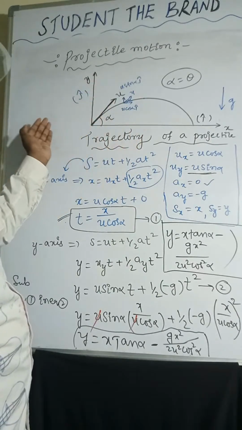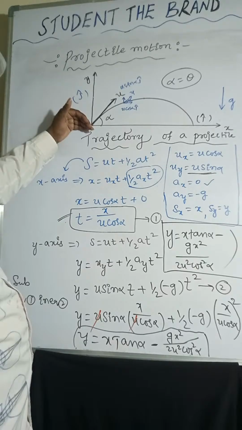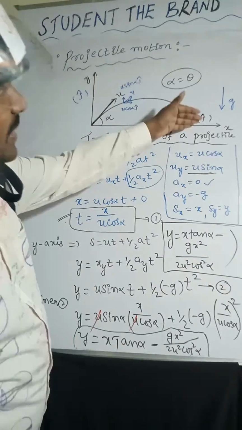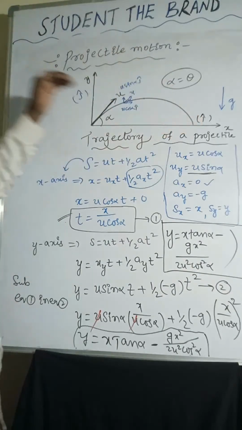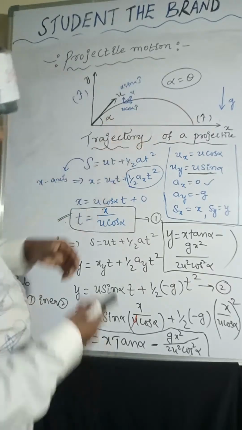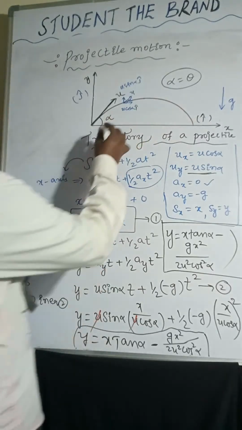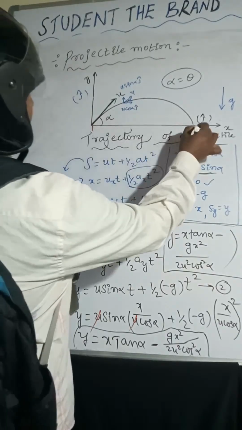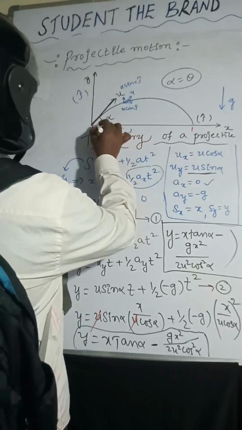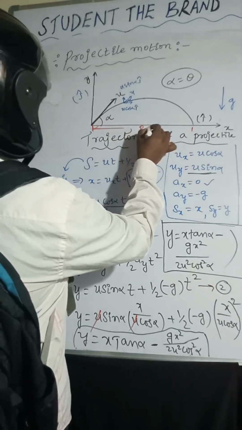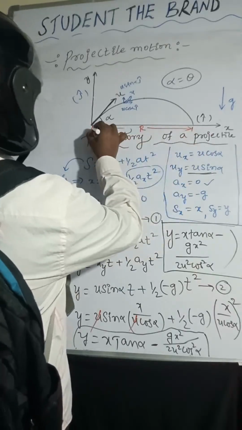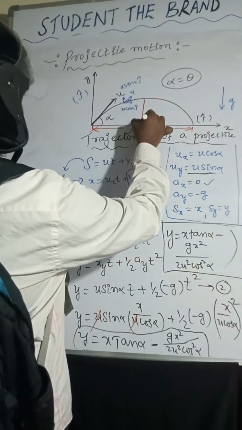Range is the distance from the starting point of projection until it reaches the ground. From here to here, that is called range, R. This one is the range, and this one is the height.